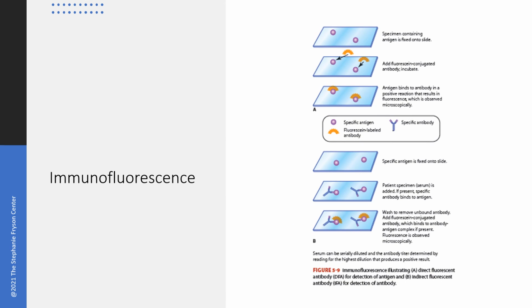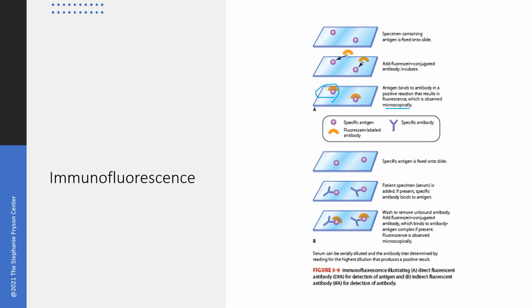You can just look at this and see that there are a lot of steps to it. You have to have the specimen containing the antigen fixed onto a slide to start. Then you add the fluorescent conjugate antibody, and then you incubate it. Hopefully they make a reaction, right? This results in fluorescence, which is observed microscopically.